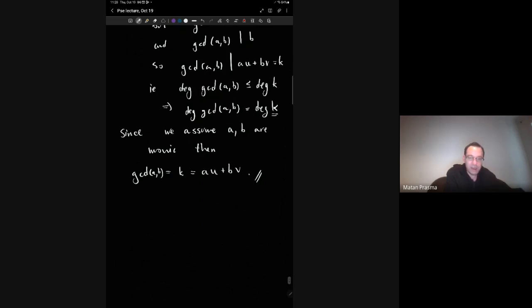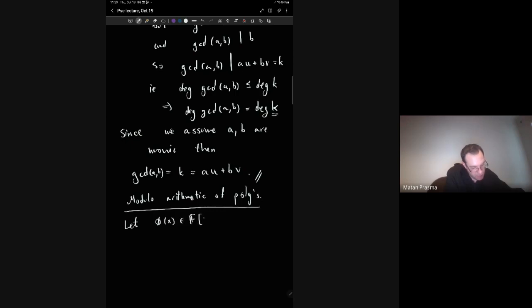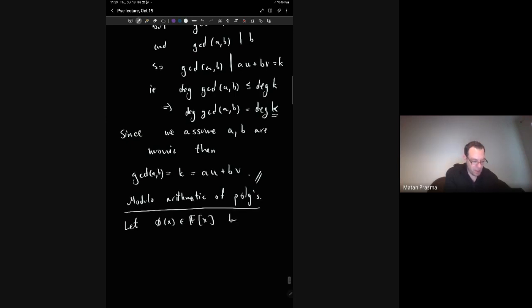So, the next thing is modulo arithmetic of polynomials. So let phi be a polynomial with coefficients in f, of degree n.